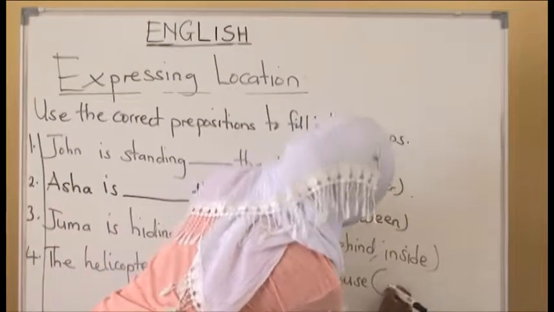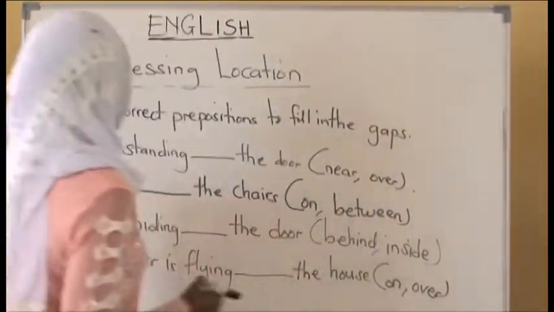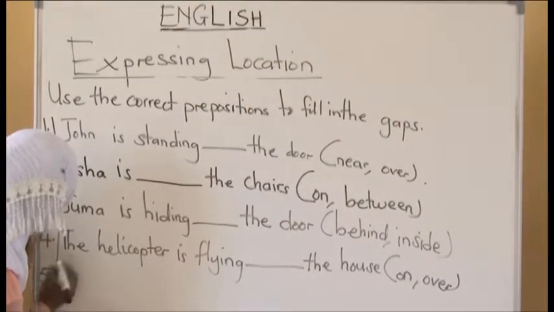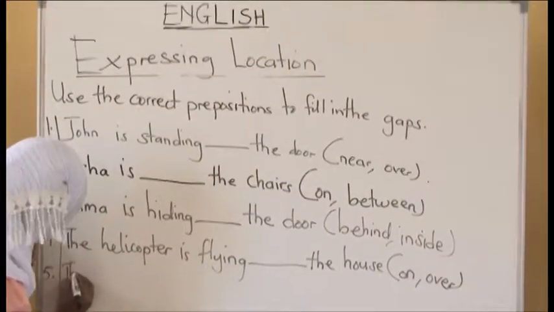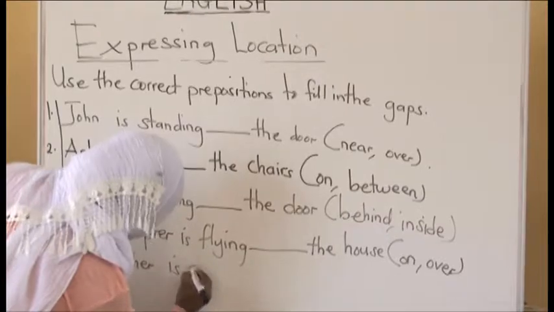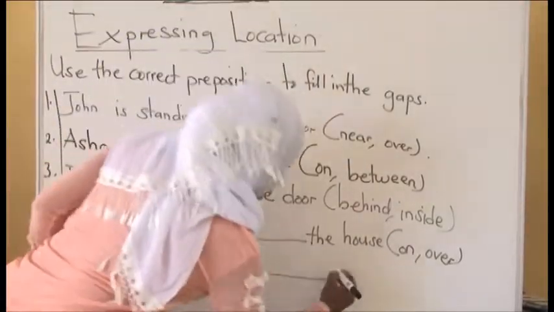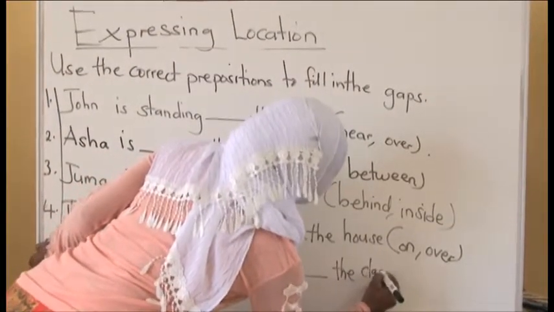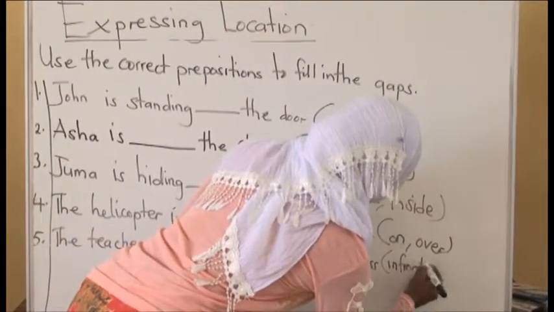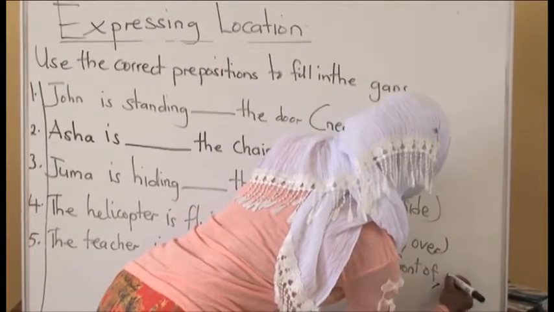Here we have the word on, we have the word over. Then last question, the 5th one, saying the teacher is standing dash dash the class. Here we have the word in front of, and here we have the word in.